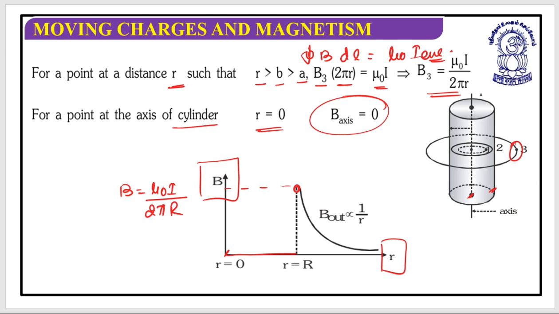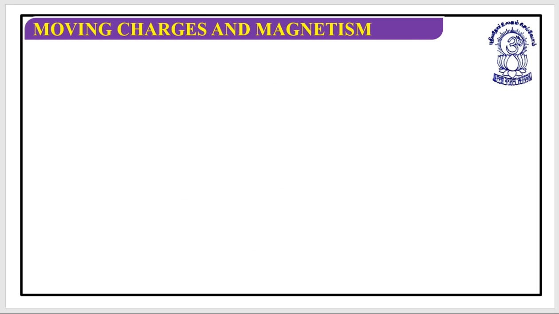So up till now we have derived the relations for three things. Let's summarize this, and then we will move towards the numericals.